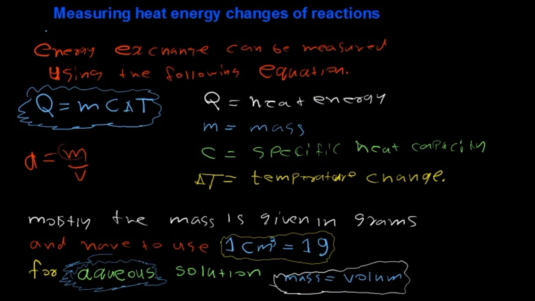When the volume becomes 1 cm3, the density equals the mass. So from that you can get the mass is directly equal to the volume. For any aqueous solution, the mass is directly equal to the volume.